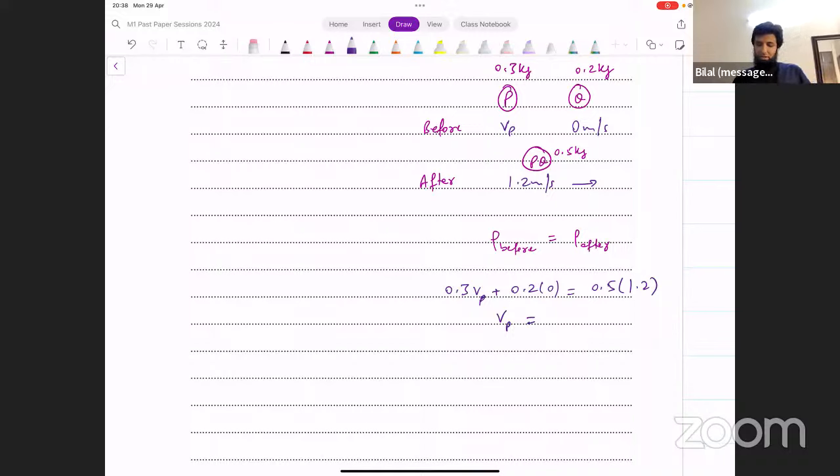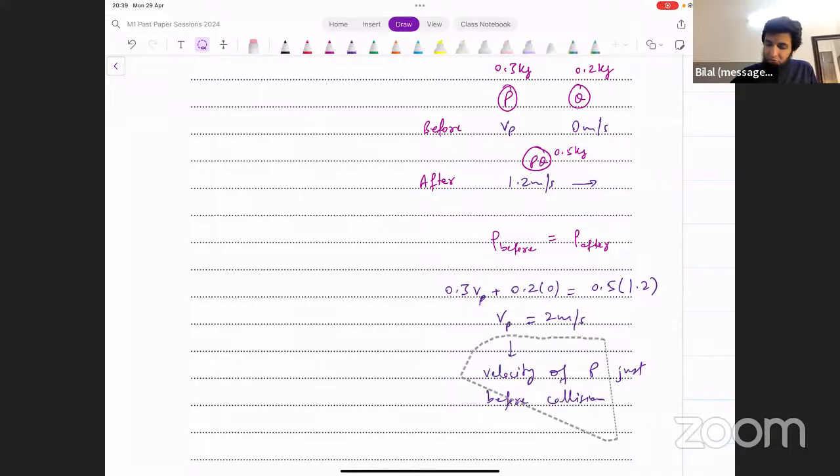Let's see what this is. 0.5 into 1.2 divided by 0.3, and that's giving me 2 meters per second. This is the velocity of P just before collision. So you use conservation of momentum to figure out what the velocity of P was just before that collision happened.